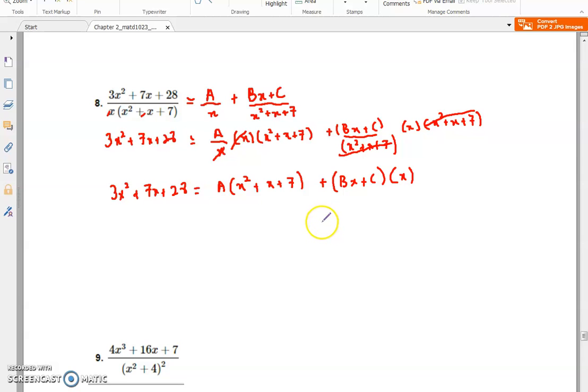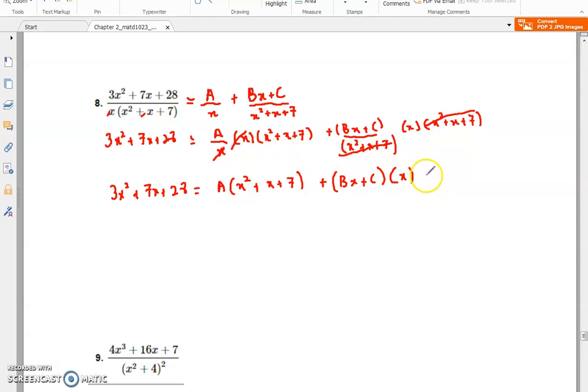In order for us to use the Heaviside method, we need to find where the possible value of x can be substituted so that you can get a 0 for this factor. Now look, it is impossible for us to use a real value to get 0 here. But for the value of x, basically we can make it 0 by replacing it with 0.